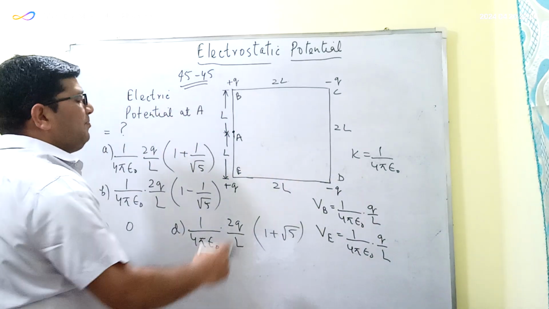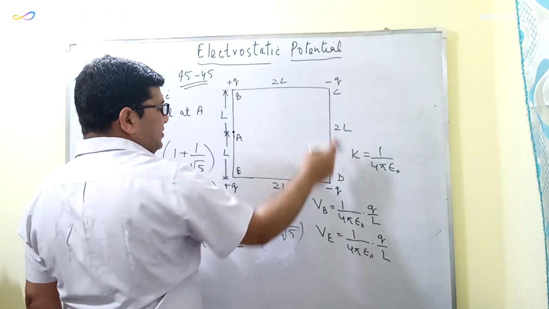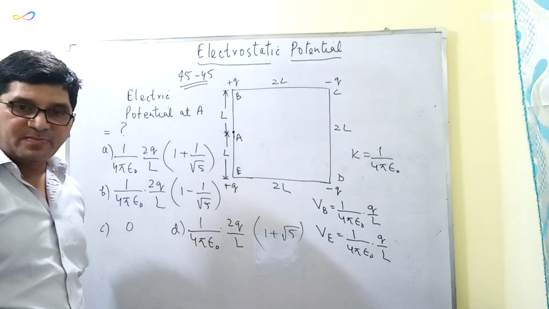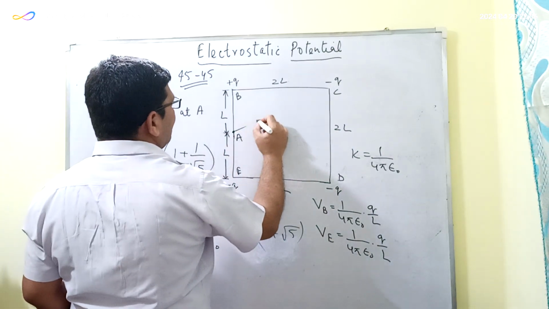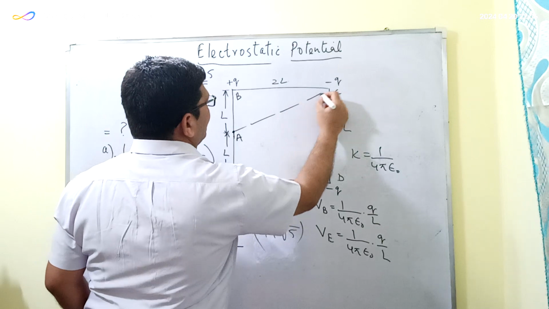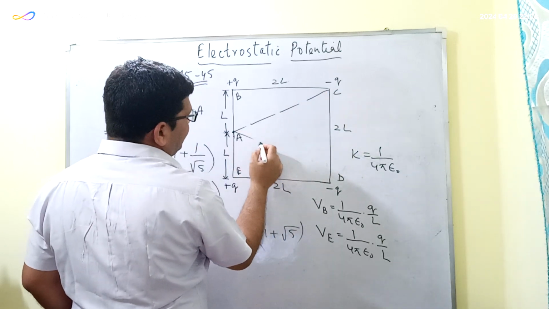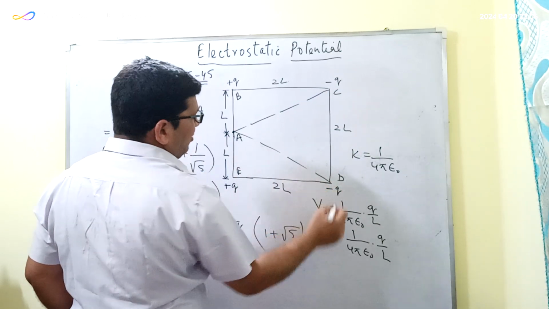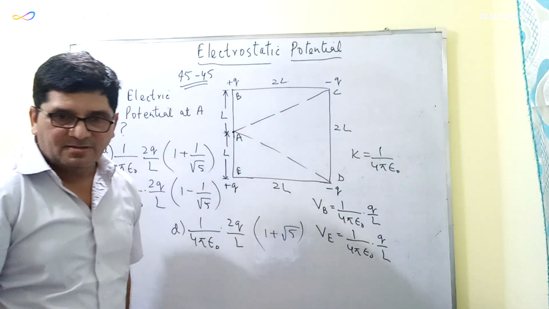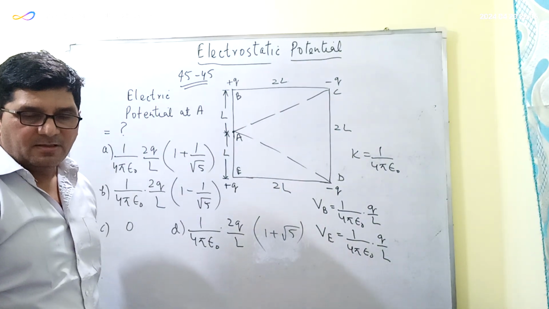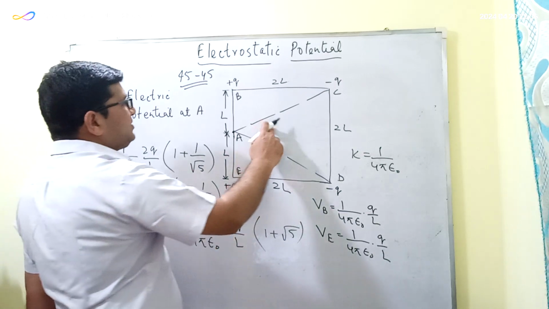Now you have to find the potential due to this charge minus Q and this minus Q. So what you have to do is simply find this distance, the one which I have just made with the help of this dotted line. Yes. So you have to find this distance.